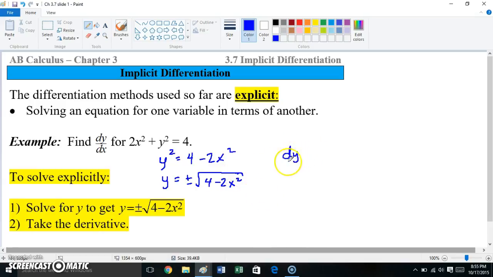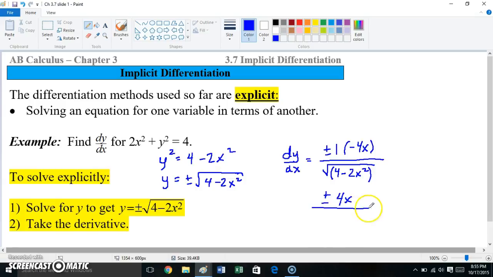So dy dx would be equal to positive or negative 1 over the square root of 4 minus 2x squared. Don't forget to multiply by the derivative of the inner function, which is negative 4x. So in effect, we get positive or negative 4x divided by the square root of 4 minus 2x squared.